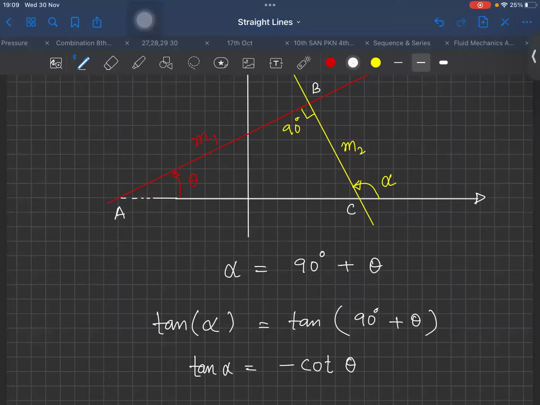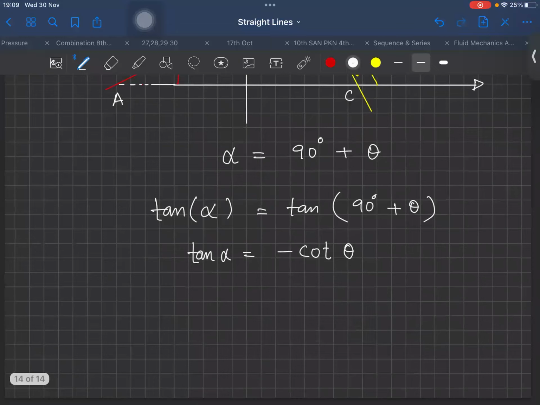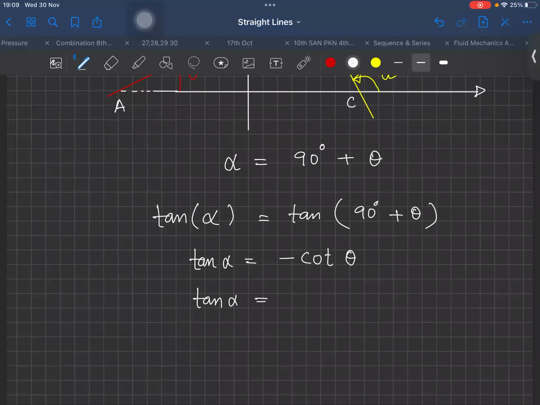And 90 plus theta is in the second quadrant, where tan is negative, so it will be negative: minus cot theta. Is that okay? Now can we write tan alpha is equal to minus 1 upon tan theta? Since cot is 1 upon tan.